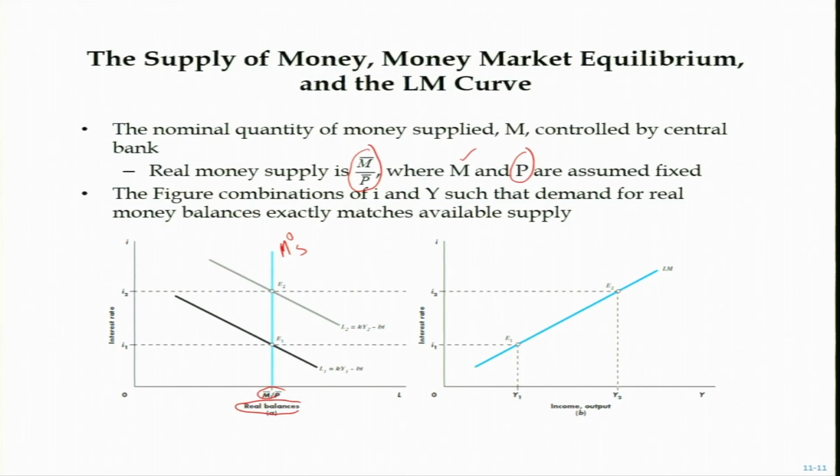This is another way of presenting it: the MS can also be written as MS divided by the price level. So here our assumption is that money supply is fixed, and the price level is also fixed.